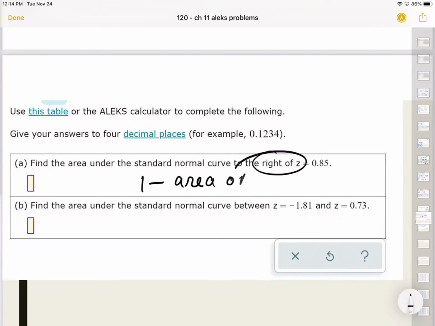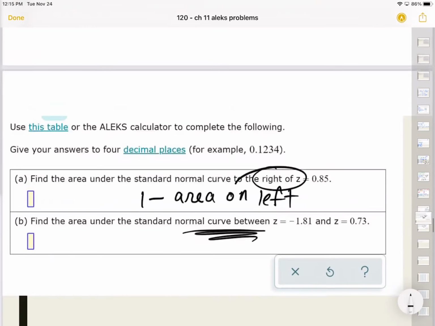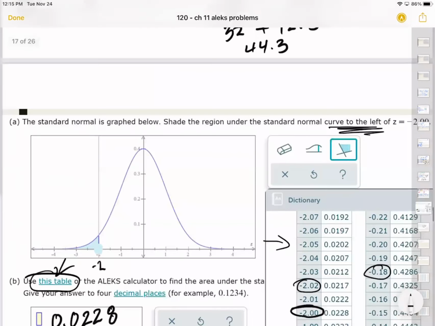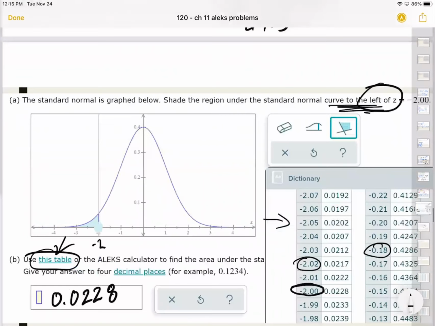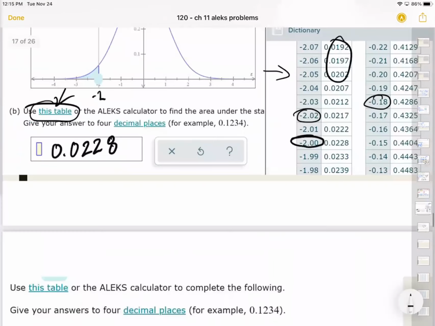So again, reminder, those are the 3 questions they ask you, right? If they ask you for the left, life is good. Whatever the area is, that's your answer. If they ask you for the right, then we need to take 1 minus the area on the left, whatever this item is.